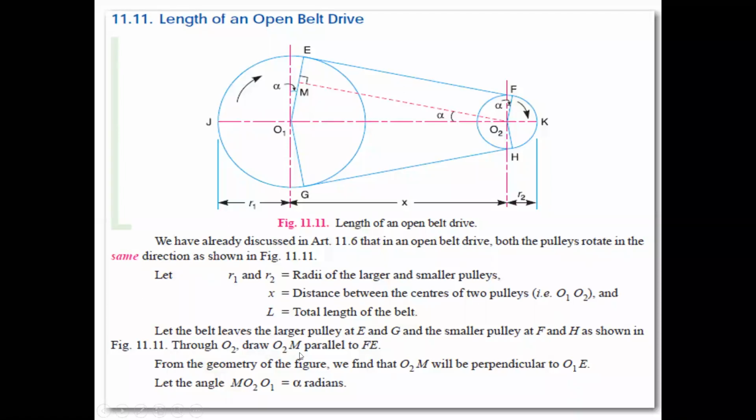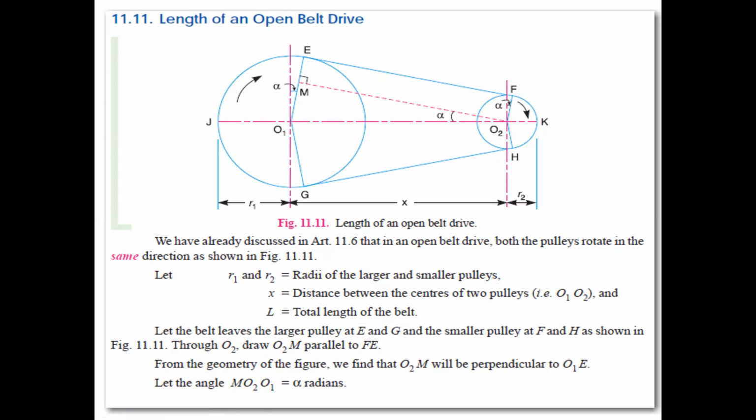Through O2, draw O2M parallel to FE. Just draw this line, indicated with a dashed line.